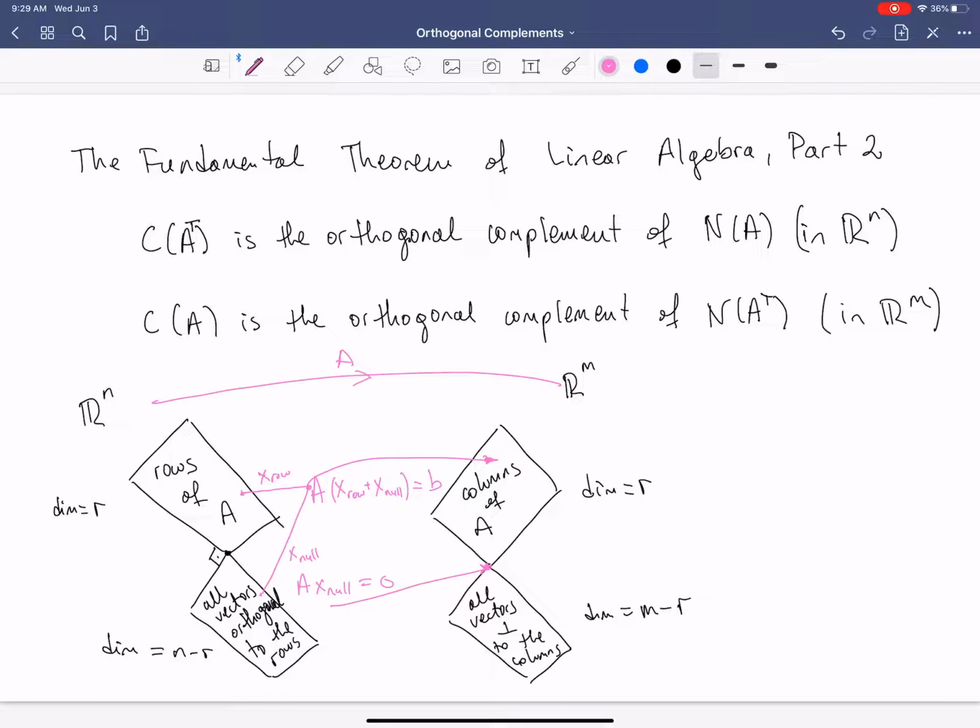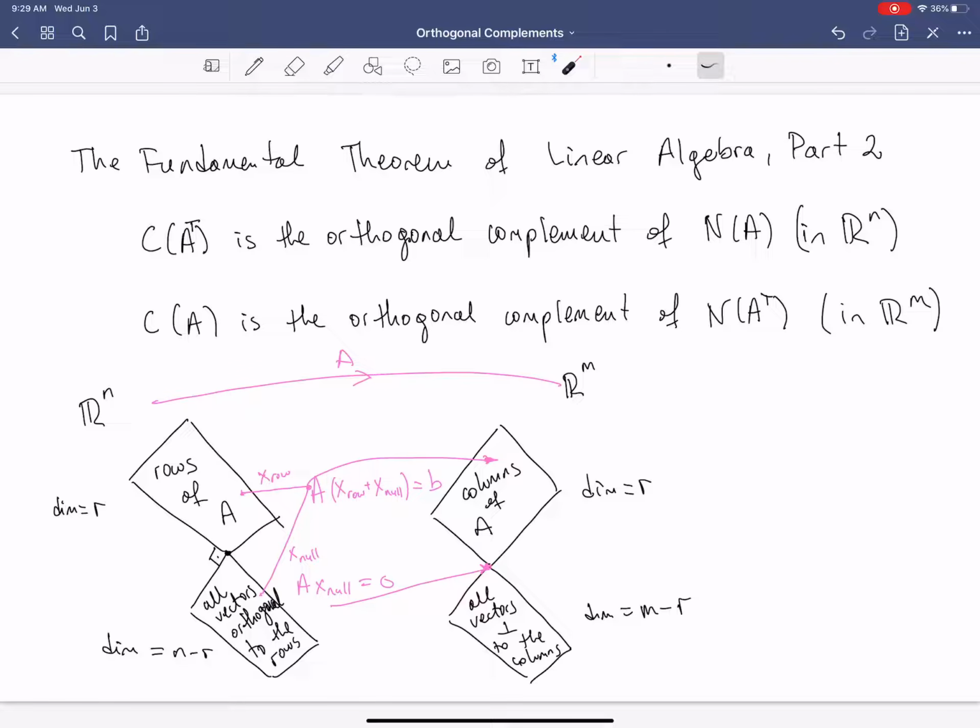So every matrix represents a linear transformation from the space Rn to the space Rm. And what is very important to note is that we can completely get this column space of A by just applying A on the rows.